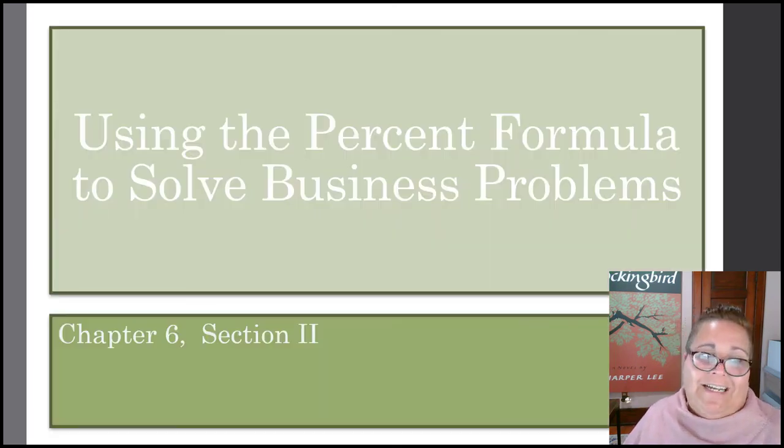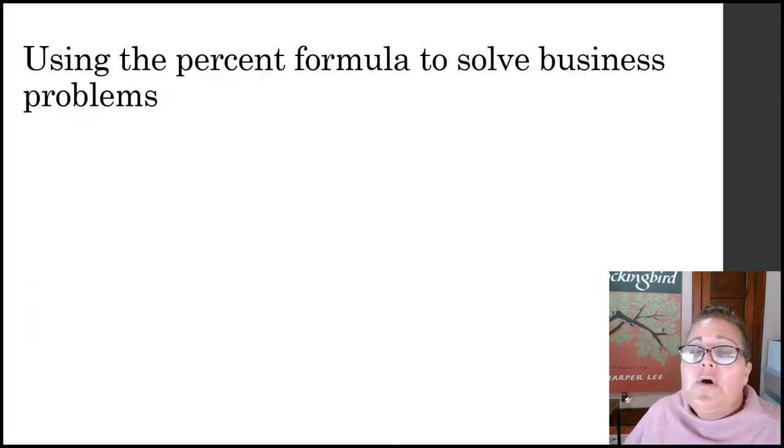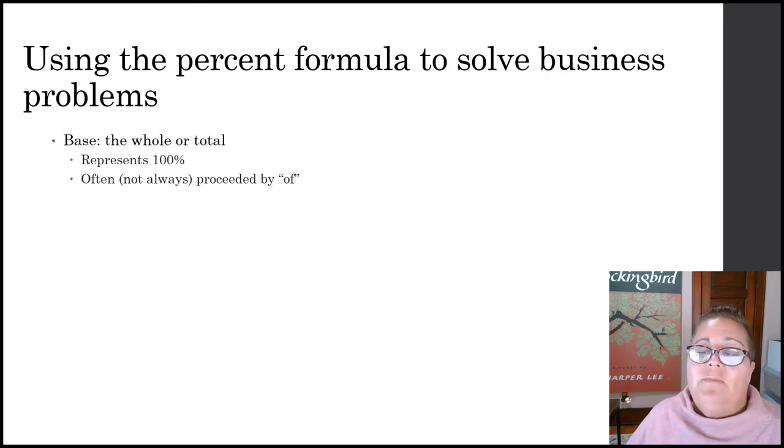For the second section, we're going to use the percent formula to solve business problems. So when we do that, we want you to recognize that the base is the word that we use for the whole or total, that the base will always represent 100%.